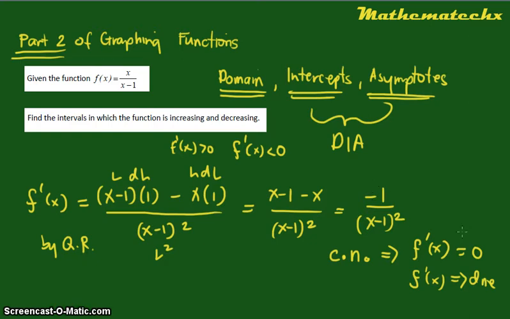So this option is no longer considered. The second option: where is the derivative undefined? It's easy to see because this is a fraction, and the moment the denominator is 0, the function will be undefined.